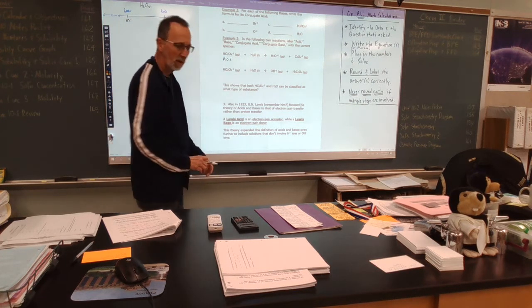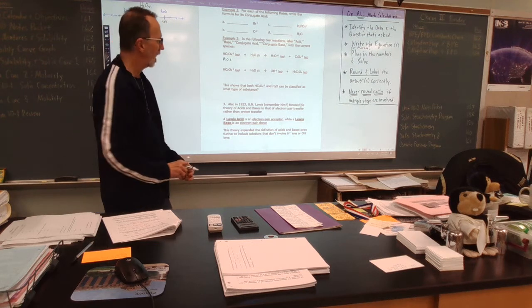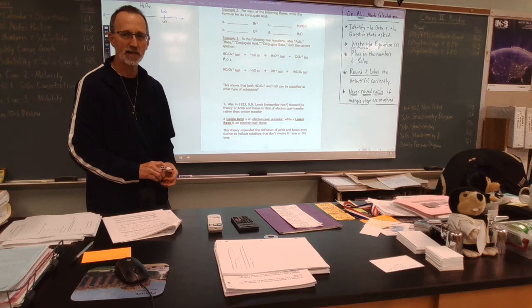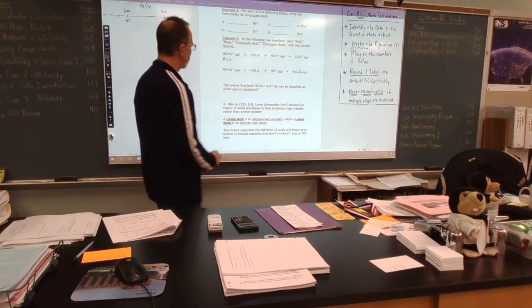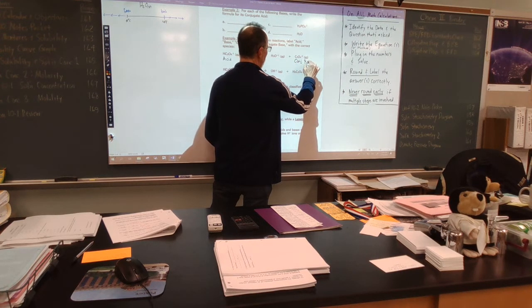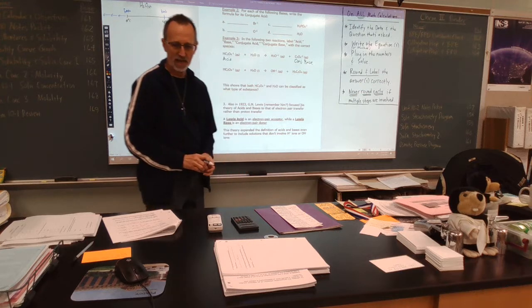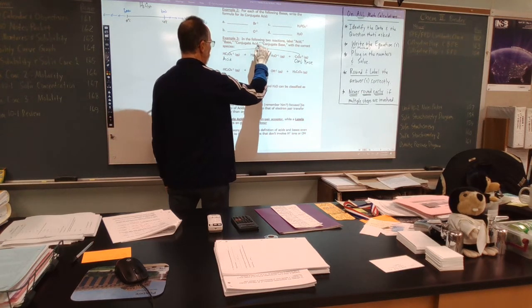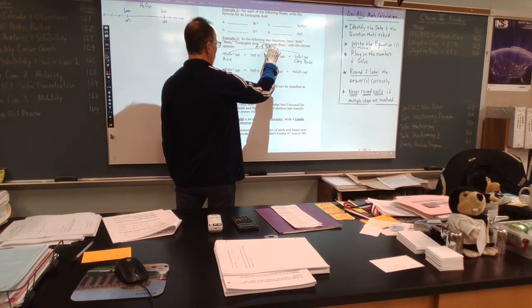And what's left behind from that acid once the hydrogen ion is donated is its conjugate base. So the oxalate ion, C2O4 minus 2, would be its conjugate base. And so these two are our acid-base pair.